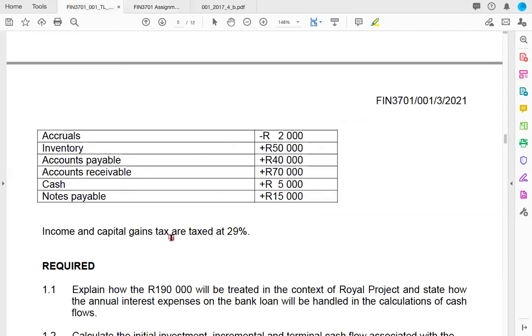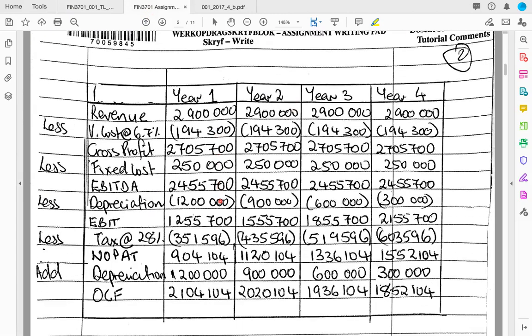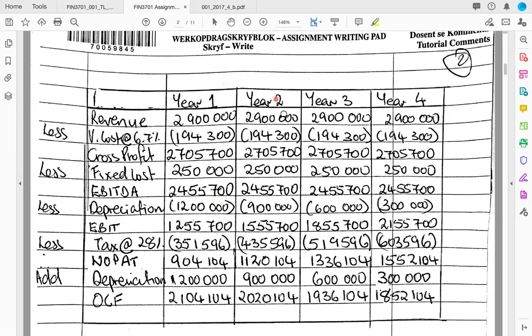The next part of the question looks at determining the incremental and the terminal cash flow associated with the project and the replacement of the new machine. Now, incremental cash flows are relatively simple. I won't spend too much time here. Our new machine will have a life of 4 years, right?